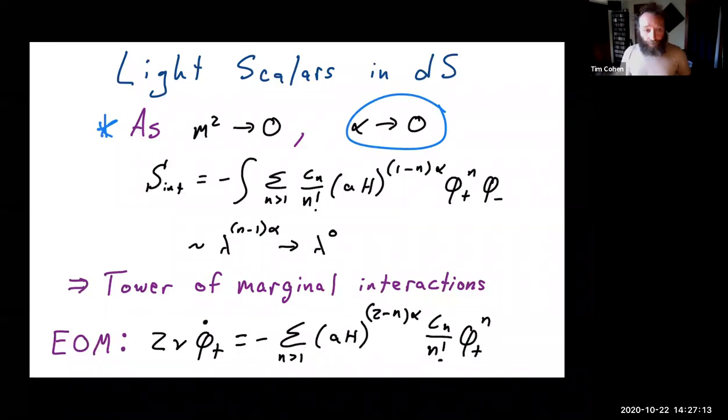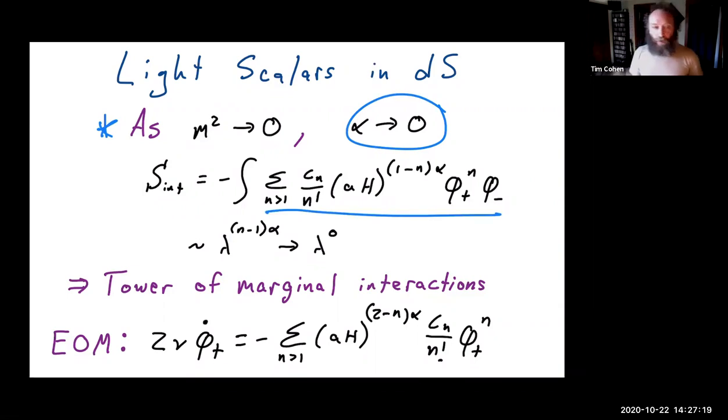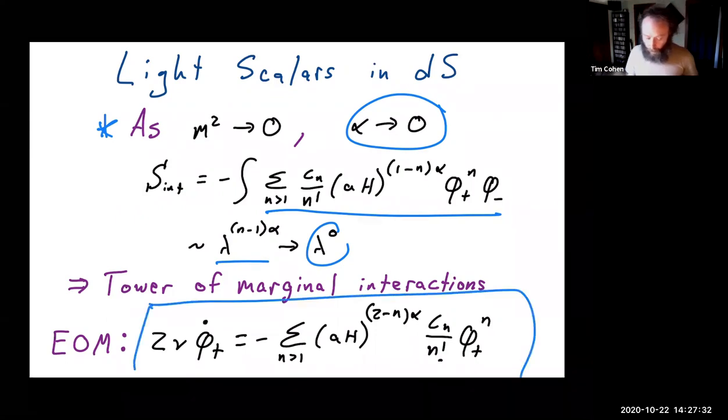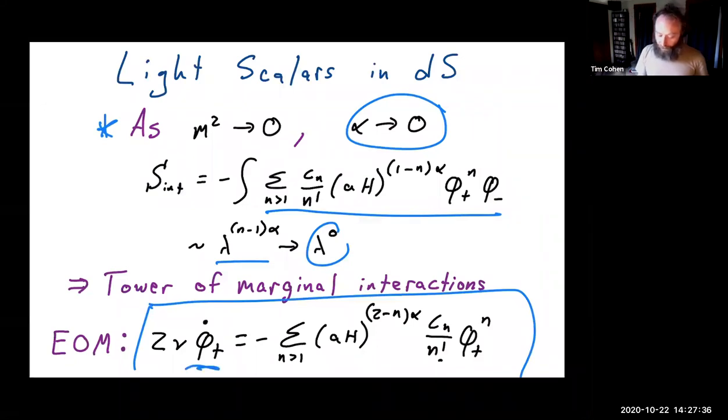And all of these operators with 1 power of phi minus and n powers of phi plus scale like this. And as alpha goes to 0, those are all order 1. So that's our tower of marginal interactions. And the equation of motion, which is given here, simply relates the time derivative of phi to this polynomial. Okay, so we'll use that in a moment.